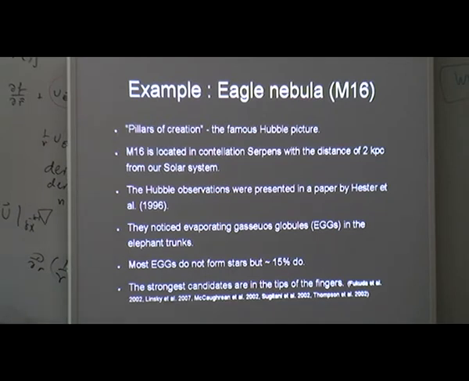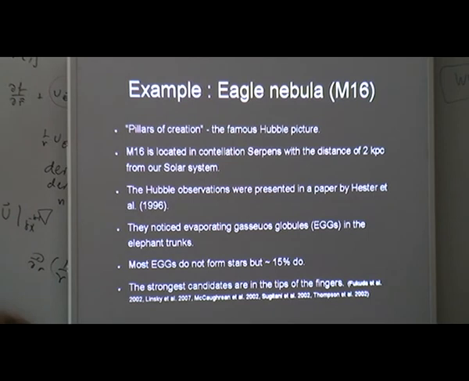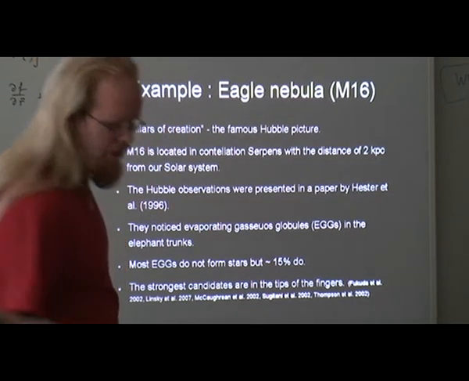It's about 2 kiloparsecs away in the constellation Serpens. The Hubble observations that this pretty picture comes from were presented in a paper by Jeff Hester and a lot of other co-authors.